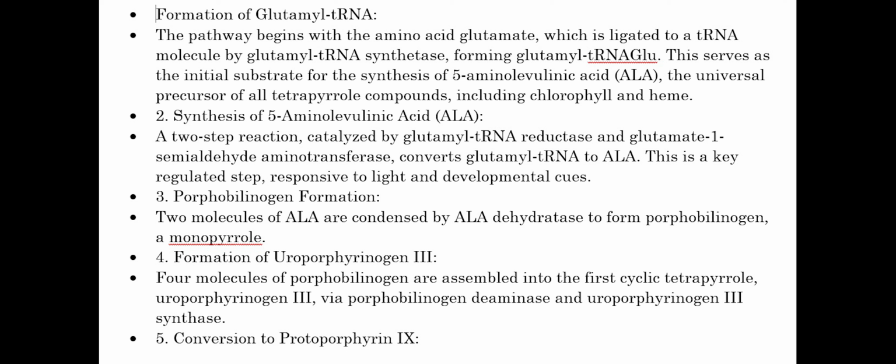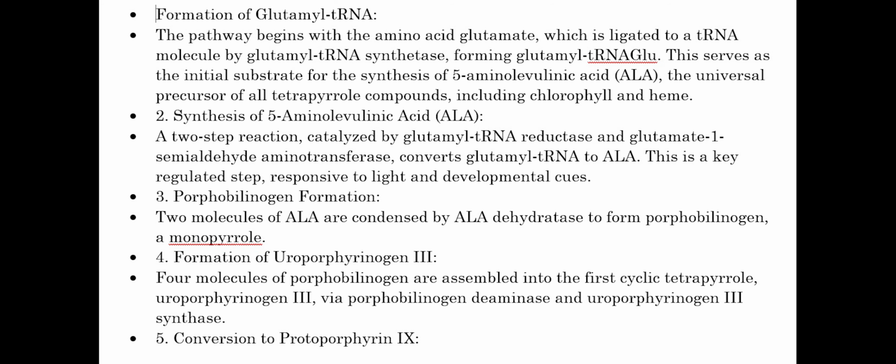a monopyrrole. So a monopyrrole would be one of these hexagon molecules that form, and there's four of them that connect together to hold the iron or the magnesium in place. Oh, I see. Okay.